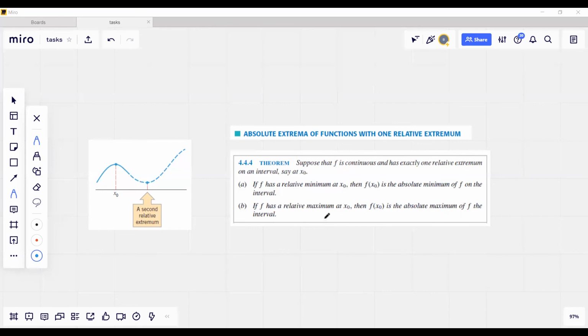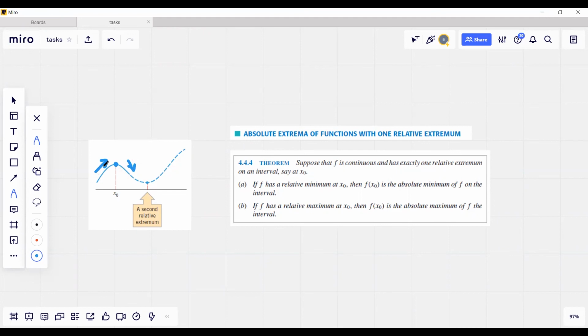So to see why this is true, let's take a look at the case of a relative maximum. Let's assume that our continuous function has a relative maximum at point x0. To obtain this maximum point, our function is increasing, then decreasing. And let's remind ourselves that the only points where our function can change from being increasing to decreasing are critical points.